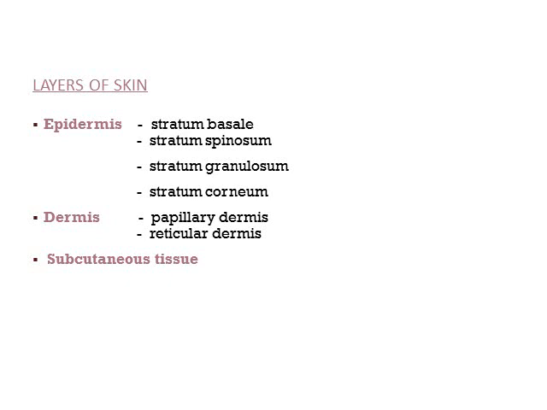So coming to the layers of skin, we have epidermis, dermis, and subcutaneous. Epidermis is the topmost layer, which contains stratum basale, stratum spinosum, granulosum, and corneum, whereas the dermis is the lower layer, which contains papillary dermis and reticular dermis. Then we have subcutaneous tissue. So remember the layers as epidermis, dermis, and subcutaneous.